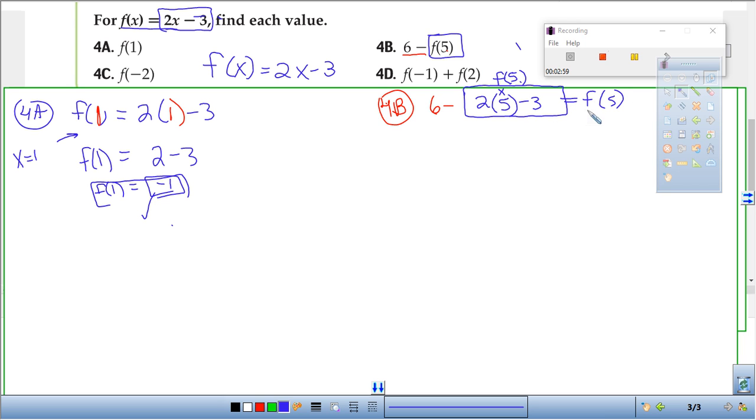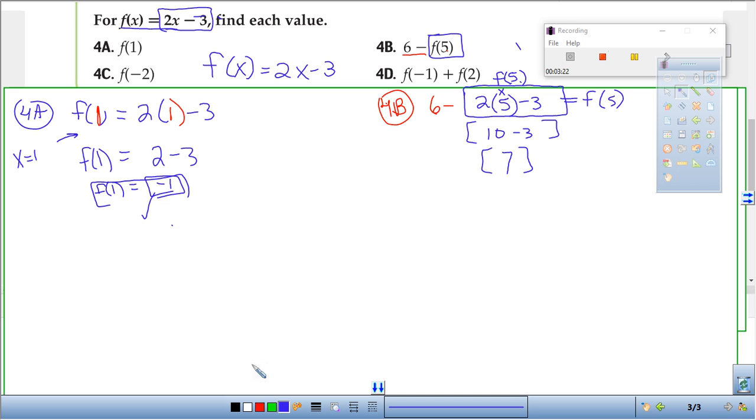When I do this work and get the answer, I know I'm subtracting that answer from 6. So what's 2 times 5? 10, right? Minus 3. What's 10 minus 3? 7, right? Thank you so much, Juan.